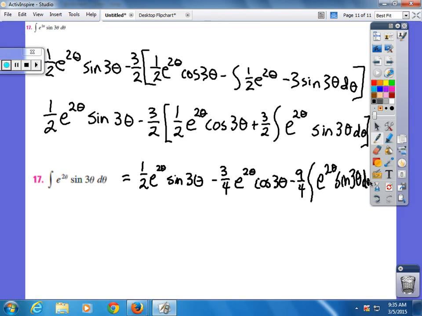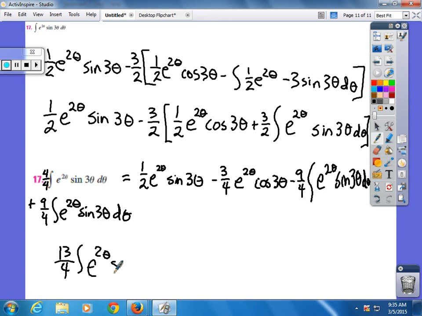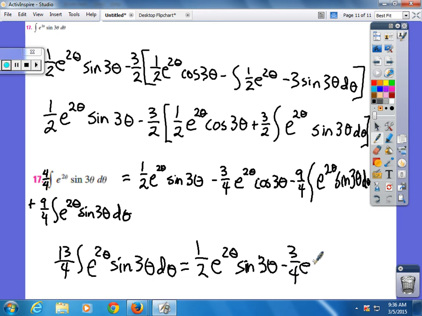And this is 4/4 over here, right? Bring over the 9/4, so that's going to be what? 13/4 antiderivative of e to the 2 theta sine of 3 theta d theta is equal to 1/2 e to the 2 theta sine of 3 theta minus 3/4 e to the 2 theta cosine of 3 theta.